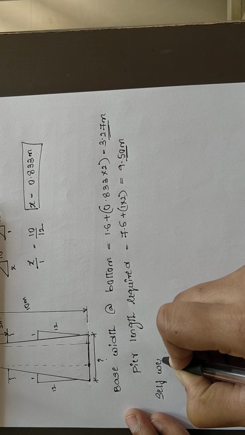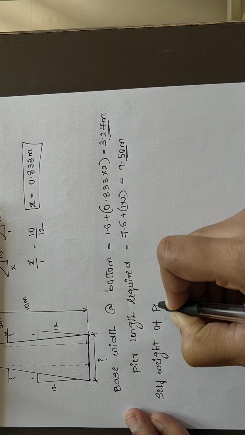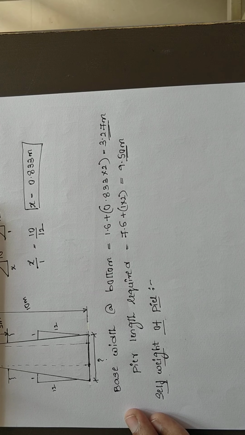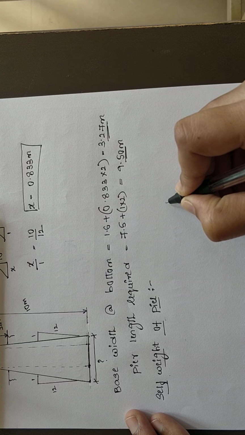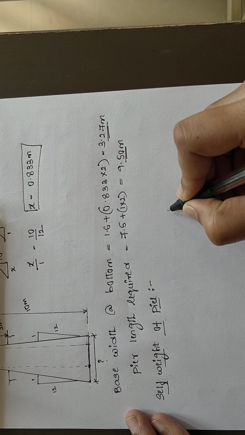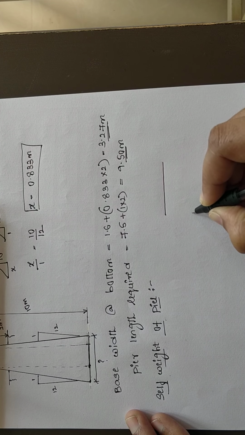Next is self weight of the pier, you need to calculate it. Self weight of pier. Observe this figure. When you look at it from the top, the top view of the pier will be in this shape.